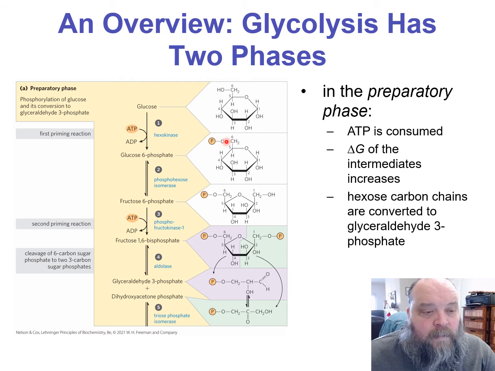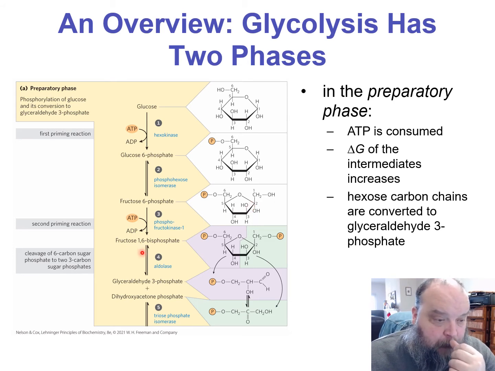So invest some energy, take a 6-sided, turn it into a 5-sided, invest a little more energy. So now we have fructose, because remember it's 5-sided, not 6-sided anymore. Fructose 1,6, carbon 1, carbon 6. Now both have phosphates. Bisphosphate. Fructose 1,6-bisphosphate. Where are the phosphates? Carbon 1, carbon 6.